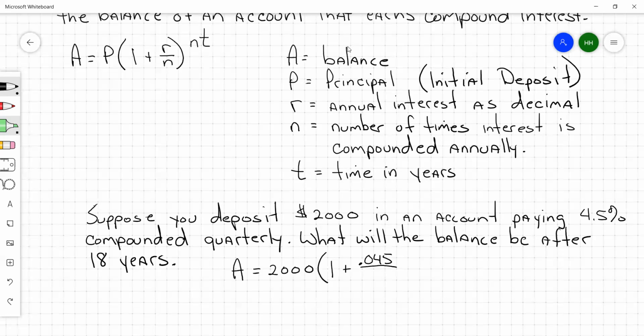So what does that go over if it's compounded quarterly? Very good. That goes over 4. All right.